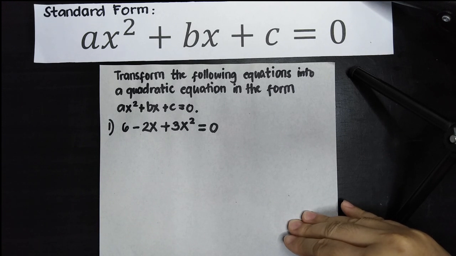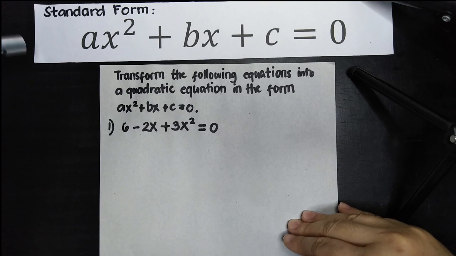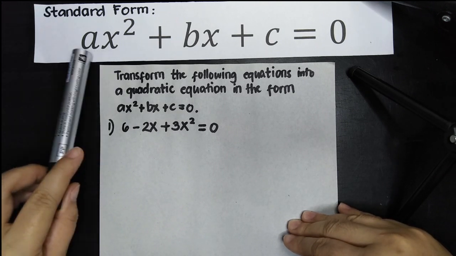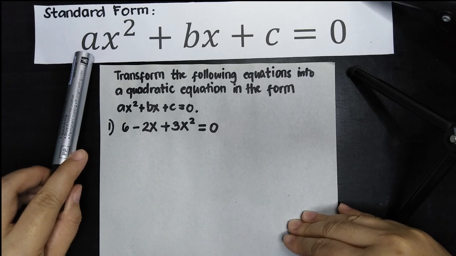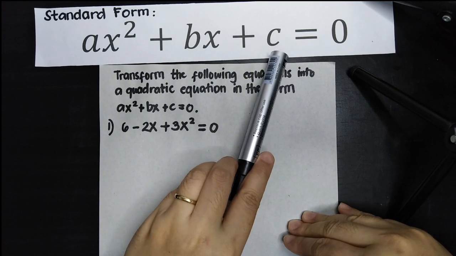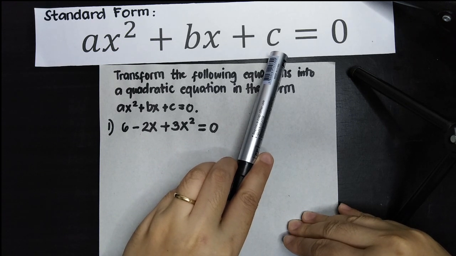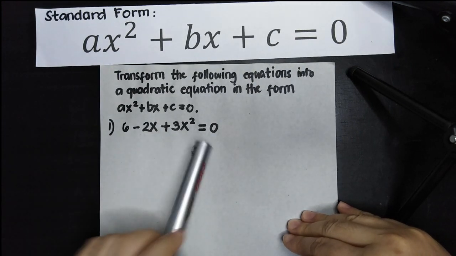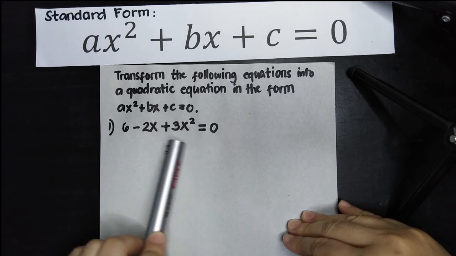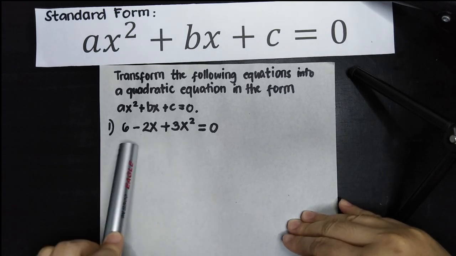So for this, we are only going to rearrange the terms according to descending order of powers. If we're going to refer to our standard form, again, the first term should be the quadratic term, the next term is the linear, and the third term or the last term is the constant term equal to 0. Since we don't have problem with this side because it's already equal to 0, we only deal with the other side.